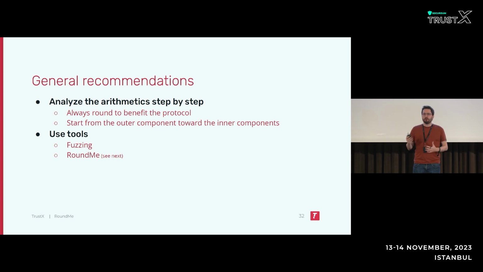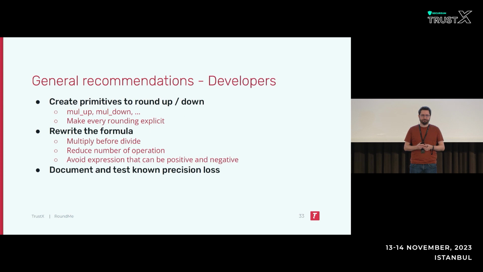There are a couple of tools that are going to help us identify this type of issue. The first one is a fuzzer. Fuzzers are really good to find a rounding issue. You can try to see if you can make a profit out of the swap and things like that. I'm going to introduce in a couple of slides a new tool, RoundMe, that is also going to help you identify which direction you should take.